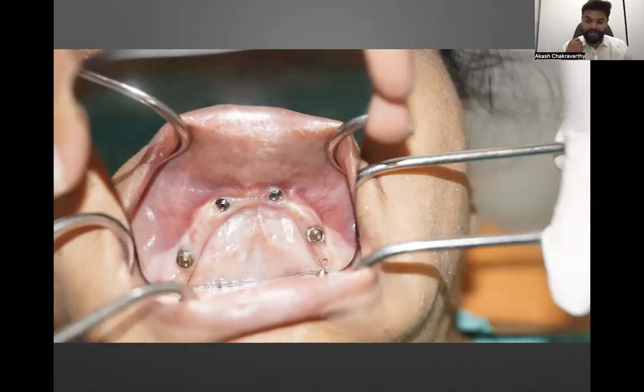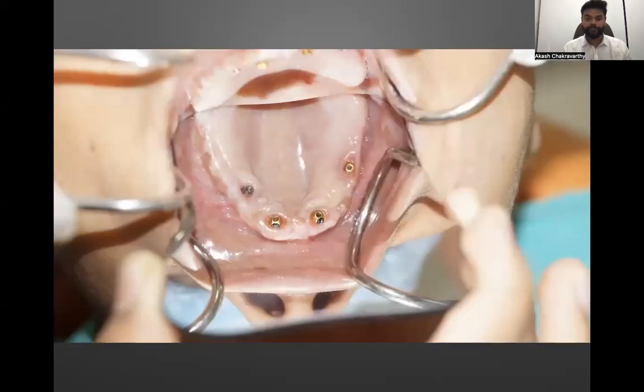You have seen that the patient is able to maintain it very nicely. The mucosa is healthy. If mucosa is healthy and if it has a very good seal, there is very less chance of peri-implantitis, and the bone levels are retained. This is the upper.